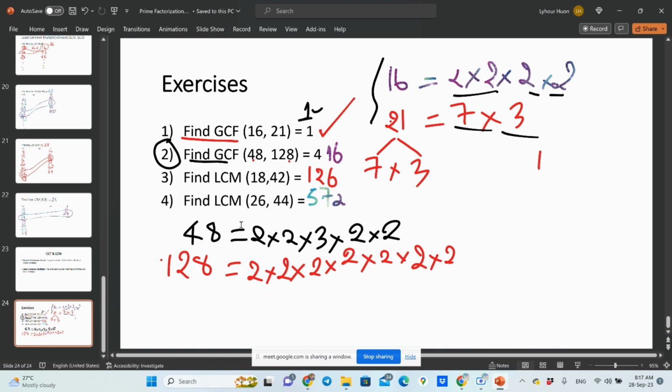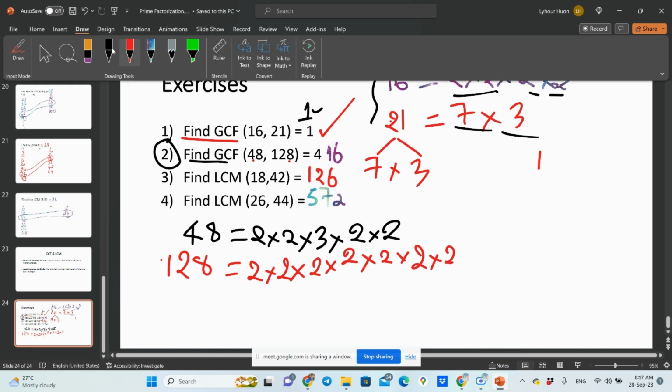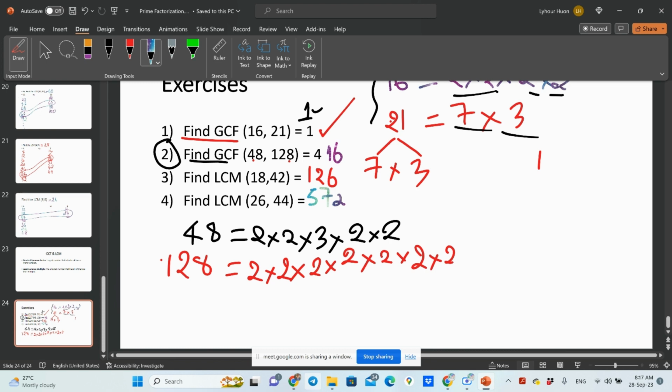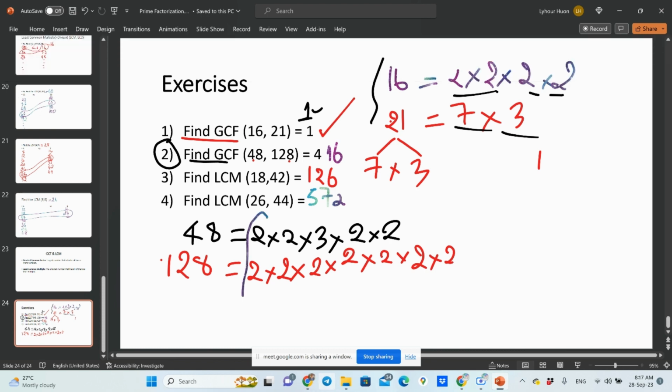Now, after we do the prime factorizations already, it's time to choose. What do we have in common as a prime factor? Yes, 2. These two have 2 in common.